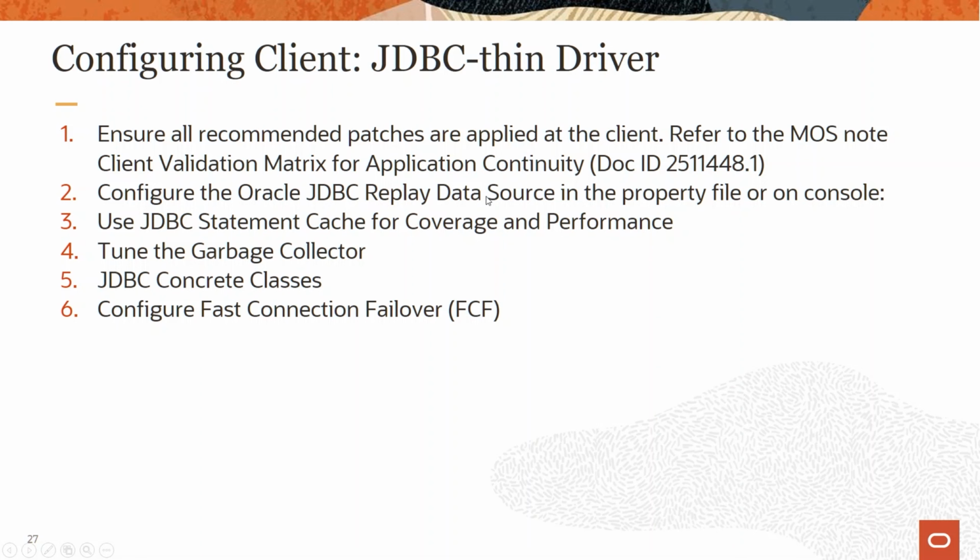That's what I showed you in Practice 18-2: a replay supported data source instead of a standard data source. Use the JDBC statement cache for coverage and performance, turn off garbage collector for JDBC concrete classes, and then configure fast connection failover. This is not done by the DBA team. This must be done by the application team.